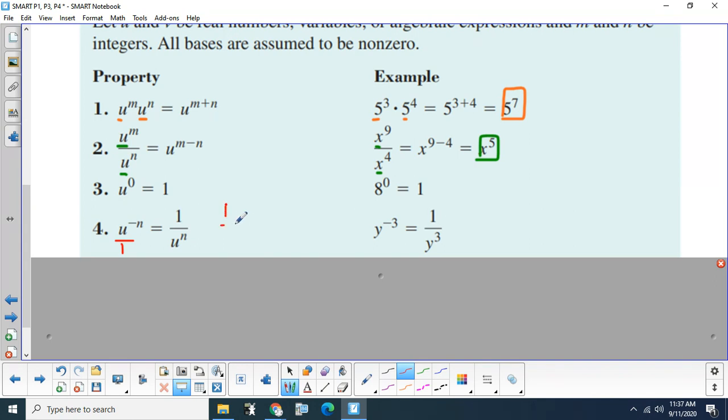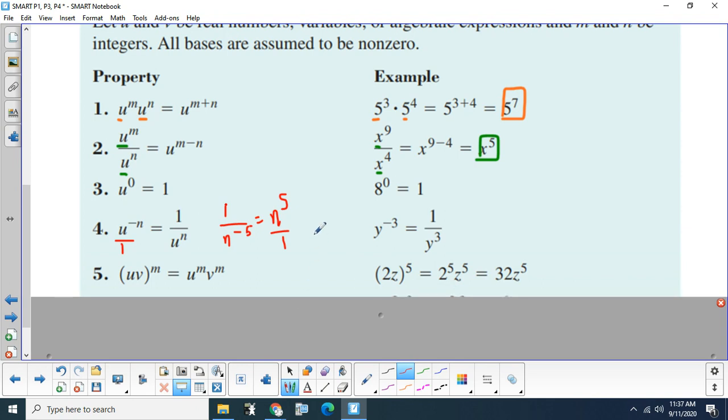So if I had 1 over n to the negative 5th, I could write that as n to the 5th on top, and you could think of it as n to the 5th over 1 if it helped. But again, negative exponents kind of switch location in the fraction. So if it's in the denominator, it goes to the numerator. If it's in the numerator, we send it down to the denominator.